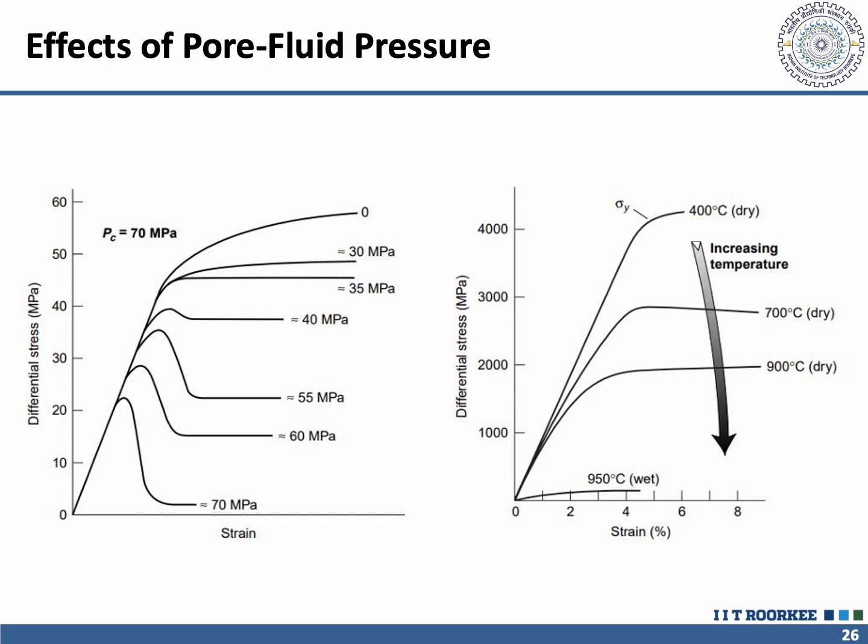The peak stress or the yield strength sigma y is highest at 400 degrees Celsius. The ductility increases at higher temperatures where the curve is more flattened and extended. At 950 degrees Celsius, for the wet quartzite, the rock is dramatically weaker and flows readily, with very low differential stress.